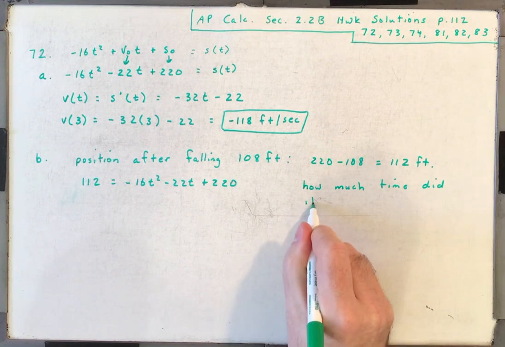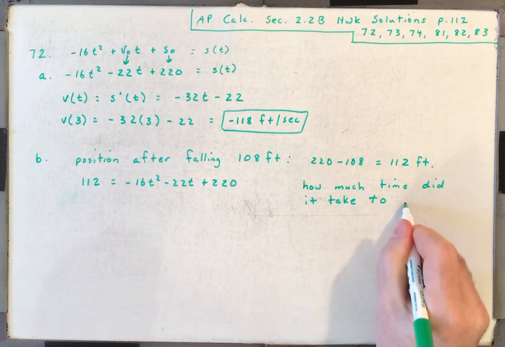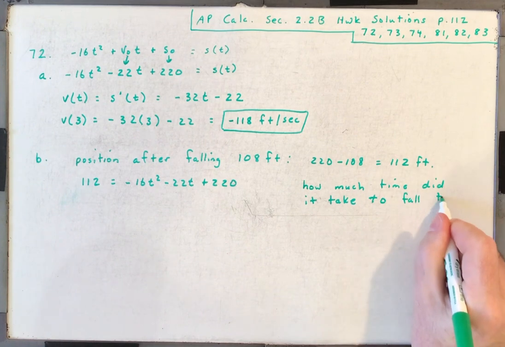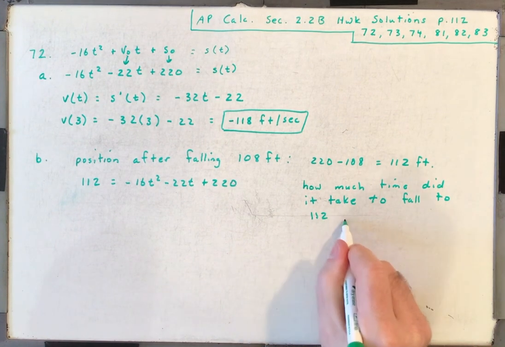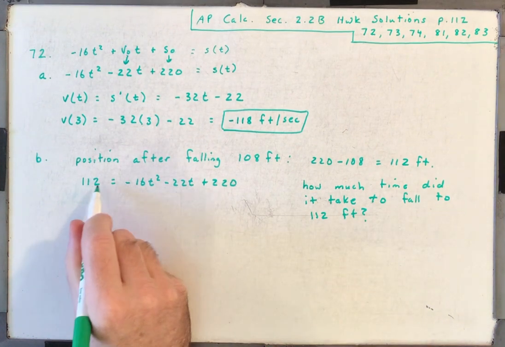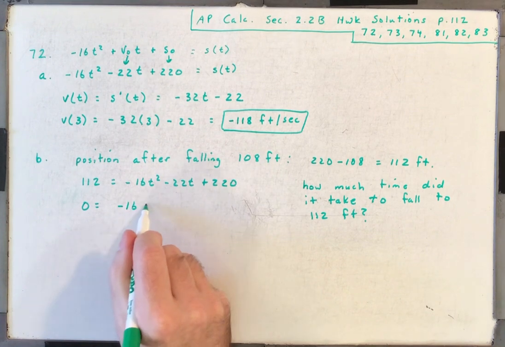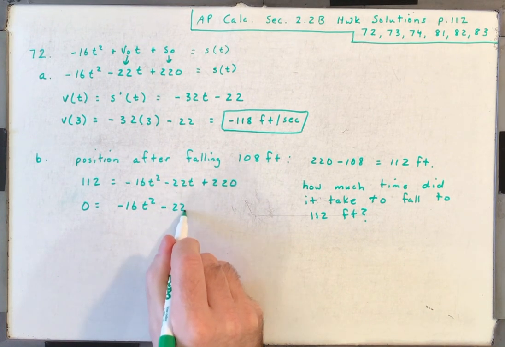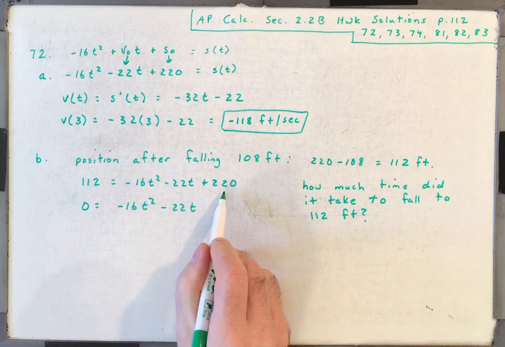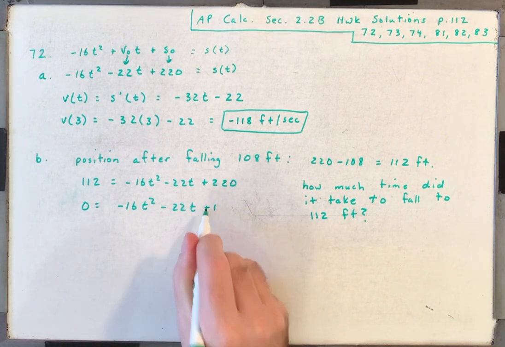So how much time did it take to fall to 112 feet? All right, so we would have 0, we're going to rearrange this, is equal to negative 16t squared minus 22t, and then 220 minus 112 would be plus 108, right?